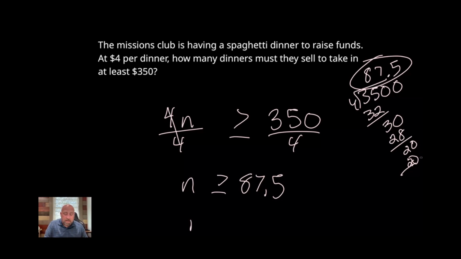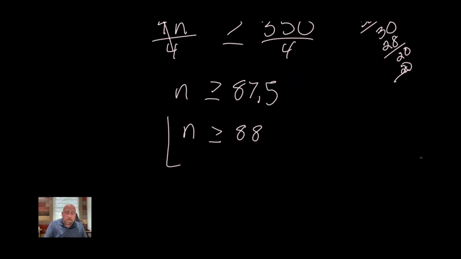So you would have to say the number of dinners has to be greater than or equal to, what if we say 87? Well, if we only sell 87, we didn't get to our 350. So we have to sell at least 88 dinners to get to our $350. So the answer to this problem would be that n has to be greater than or equal to 88.